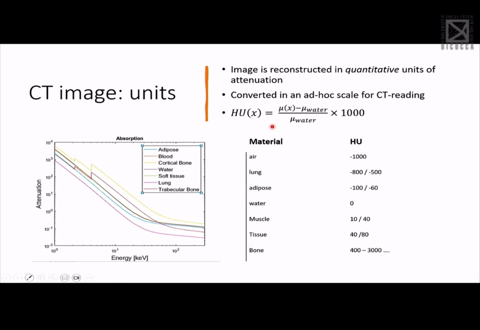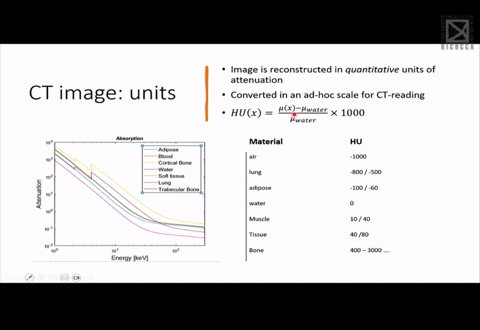And we show that on screen using the Hounsfield unit, which is quite a trivial definition, which is the absorption of that pixel normalized by the absorption of water, plus multiplied by 1000 for historical reasons.